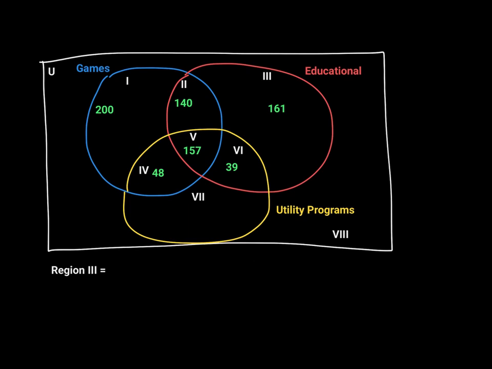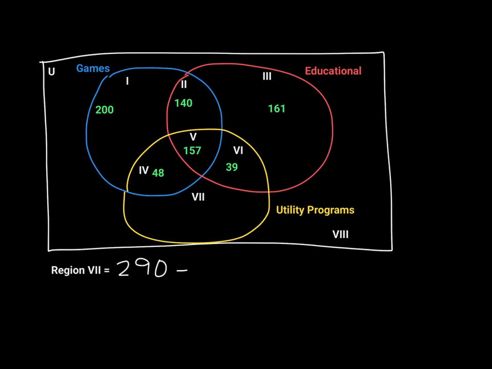Finally, let's do region number 7. And it's the same logic. All right, region 7. Here we go. Let's start with what they gave us about those that purchase utility programs. 290 total purchase utility programs.